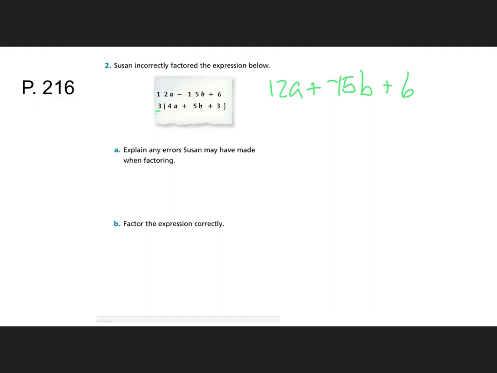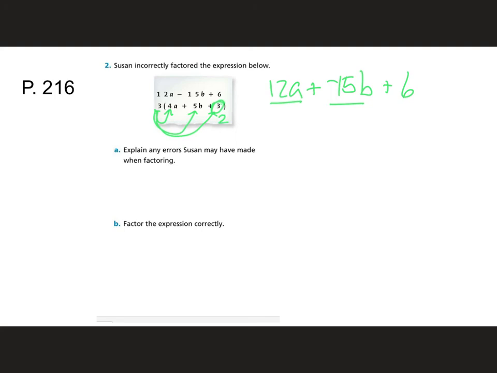Let's multiply back and see if this works. 3 times 4a is 12a, so good so far. 3 times 5 is 15b, well, 15, right? And 3 times 3 would be 9, not 6. So this right here should actually be a 2, because 3 times 2 is 6. So that's her one mistake.